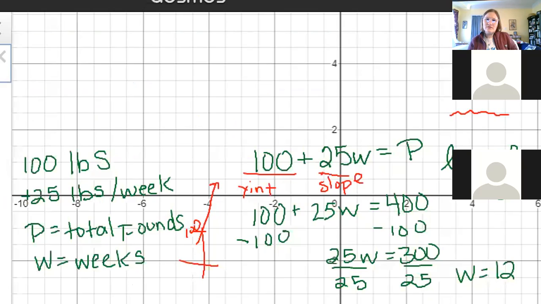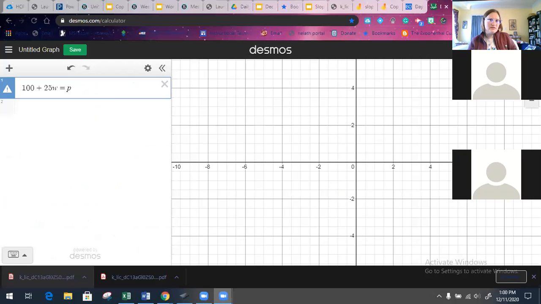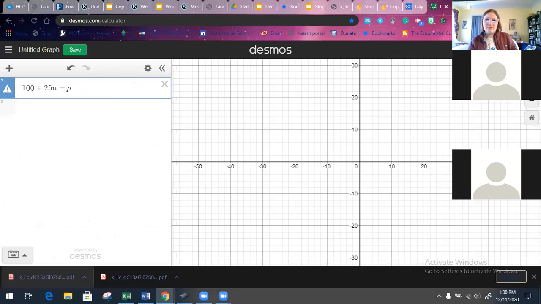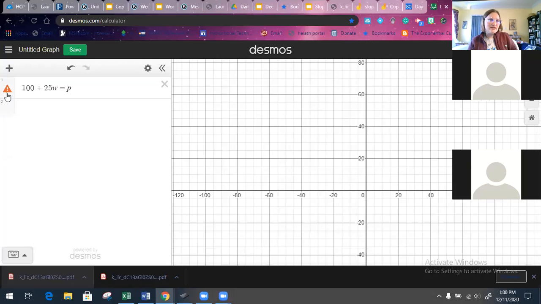So let me just see if it will. We might have to change it to X's and Y's. I'm going to zoom out because those are some big numbers and I don't see anything. And you see how it's got the exclamation point there? It can only do X's and Y's.